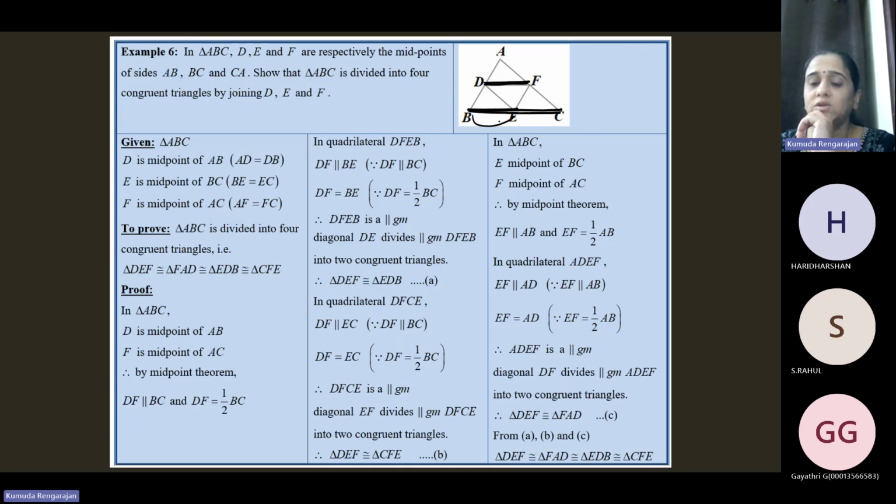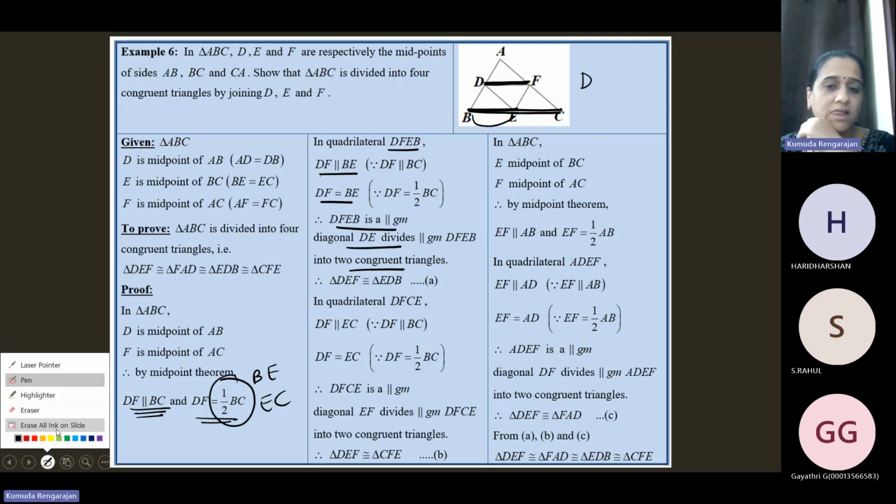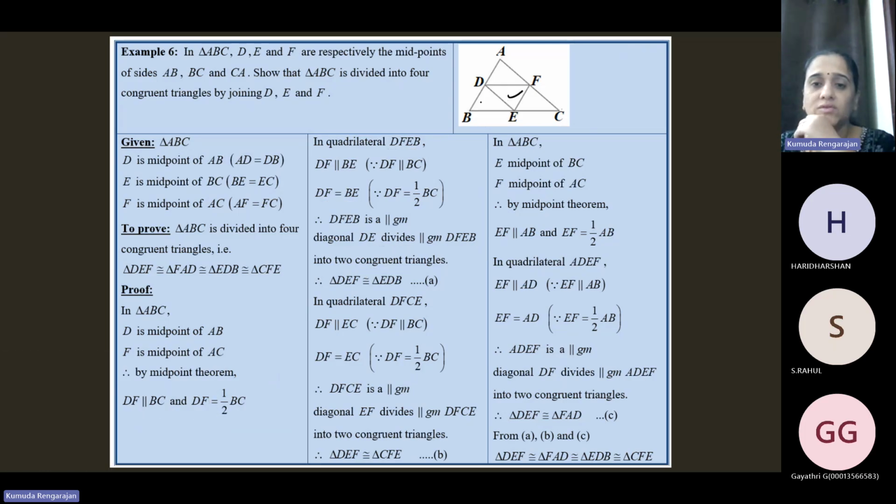So DF is parallel and equal to BE. Half of BC can be replaced with BE or EC, so we take BE here. So in this quadrilateral, one pair of opposite sides is parallel and equal. Therefore, it's a parallelogram, and the diagonal divides it into two congruent triangles. Hence, this triangle is congruent to this triangle.